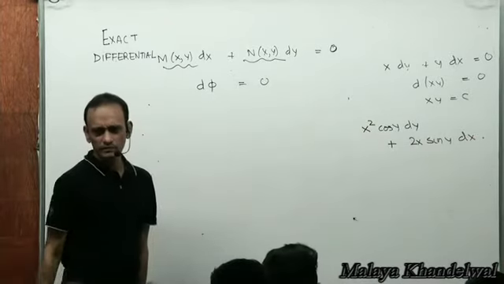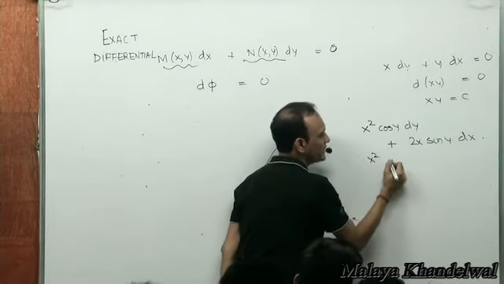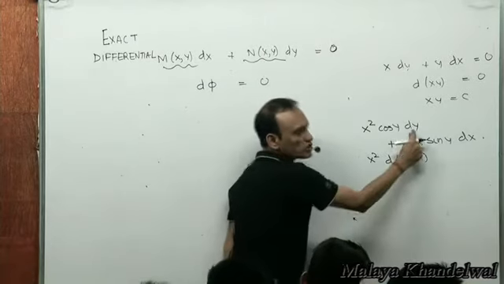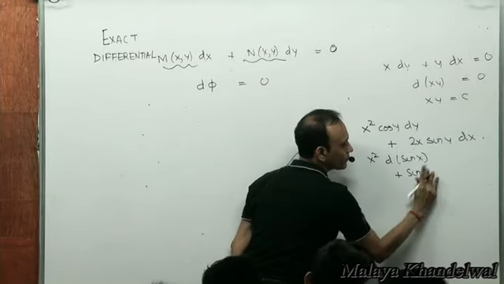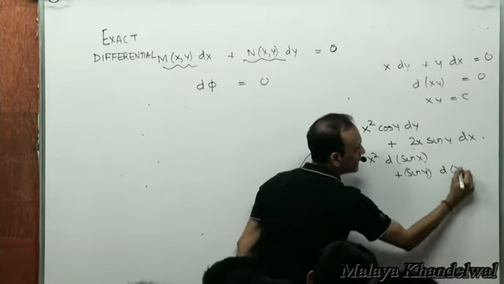Look at this. This can be written as x squared d of sin y, since cos y dy is d of sin y, plus sin y times 2x dx, which is d of x squared.